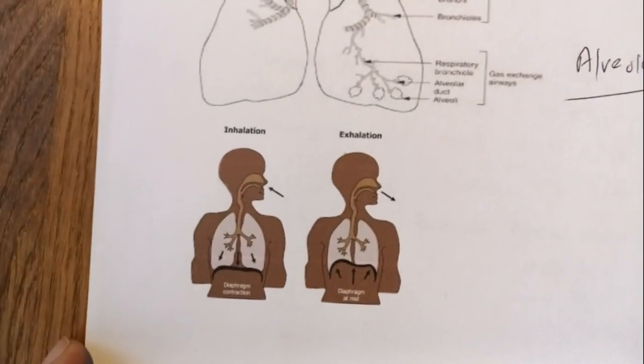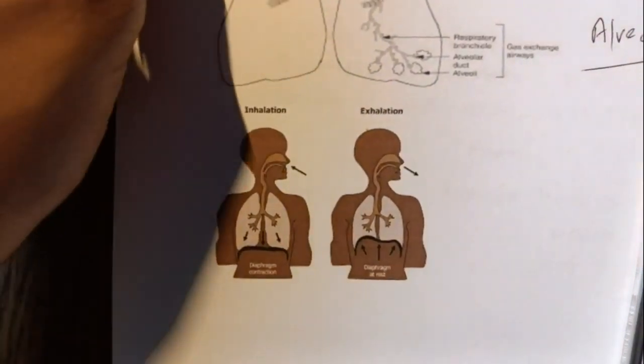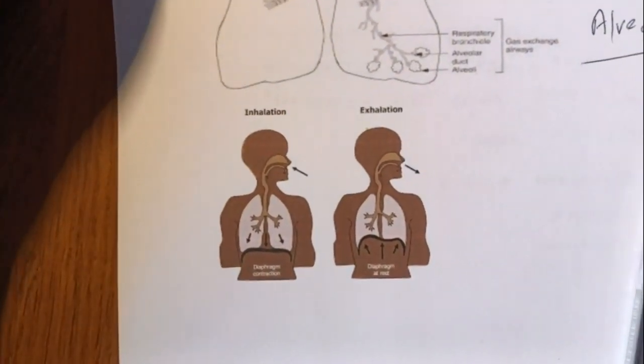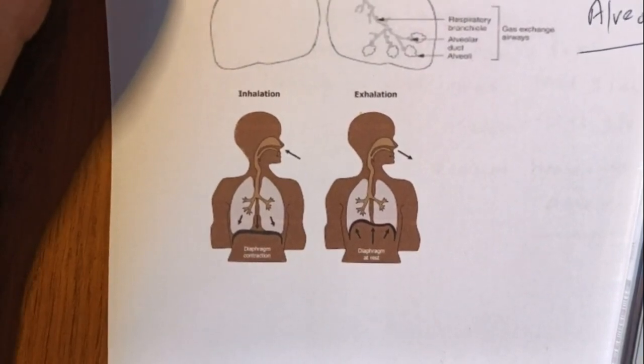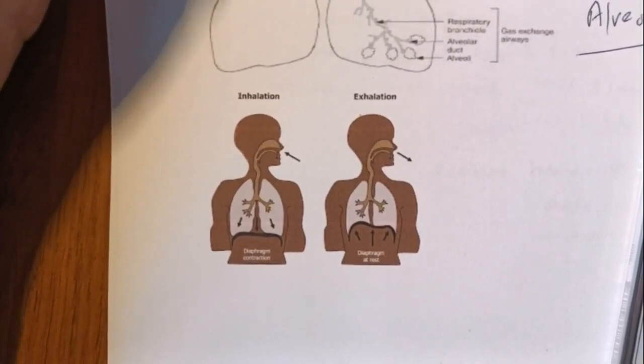Now a little more detail about the same topic that has been given in your book. The alveoli provide the surface where the exchange of gases can take place. These are terminal balloon-like expansions of the air passages.